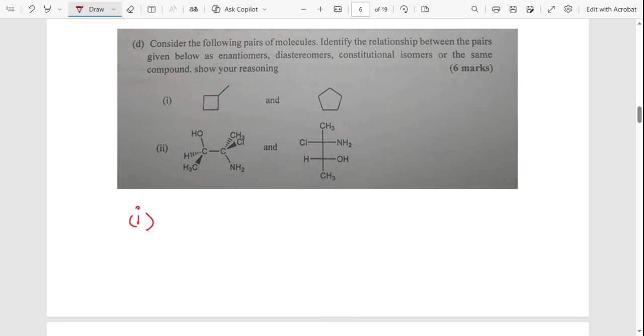Okay, but then the only difference is in the connectivities. So different connectivities. What do you think those are? Or same molecular formula, but different structural formulas. What do you think those molecules are?